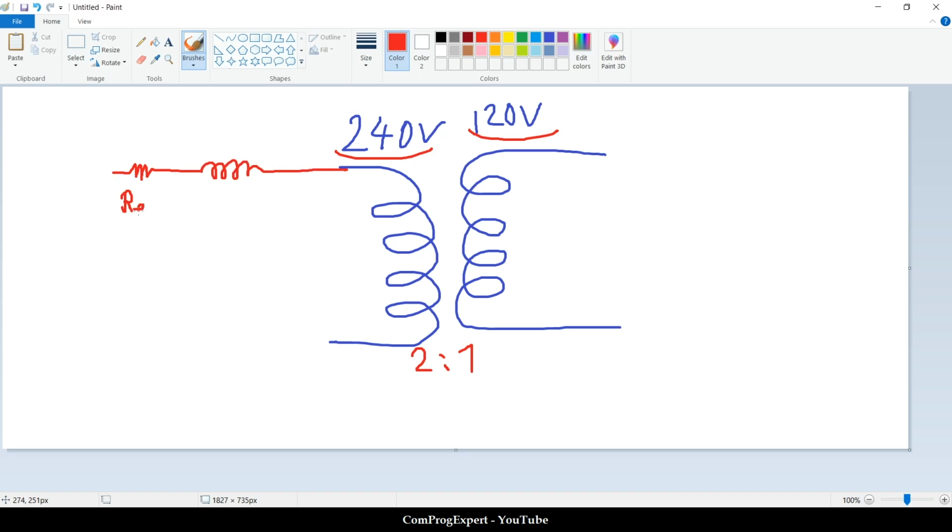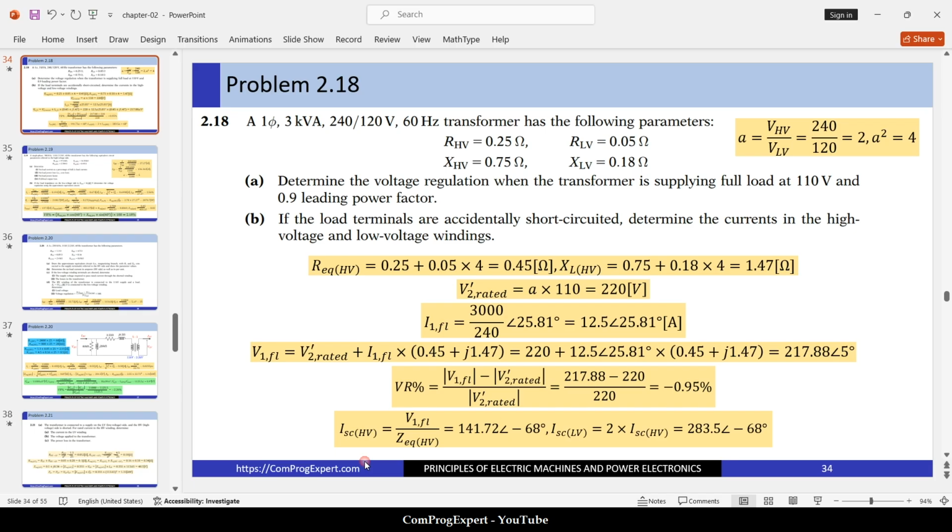So this is R equivalent, X equivalent. We should write also that this is for the high voltage side. So how much is the value of R equivalent?